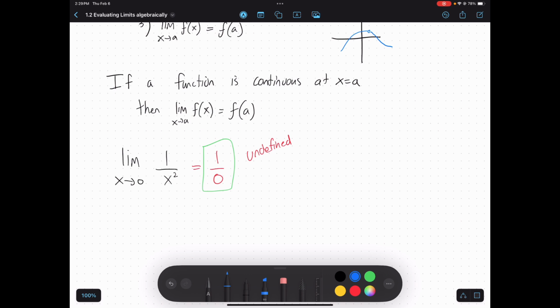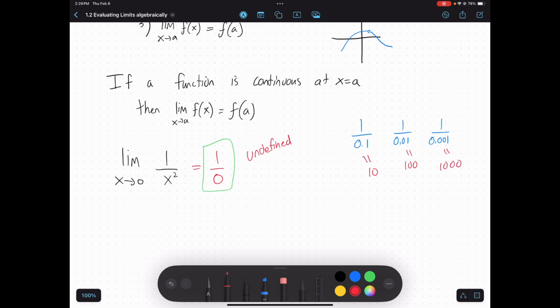Well, what happens to your fraction if your denominator gets infinitely small? What happens to my numbers if my denominators get smaller and smaller? Well, this fraction is equal to 10. This fraction is equal to 100. This fraction is equal to 1,000.